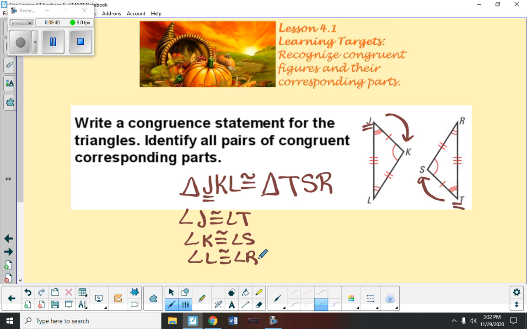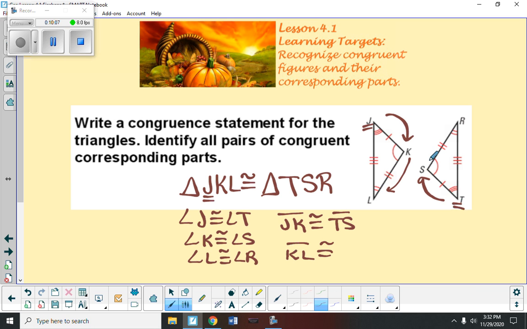If we start with segment JK, I can look at the number of ticks. That's 3 ticks to 1 tick. Then if I look over here, 3 ticks to 1 tick would be T to S. Now we'll just keep going this direction. Segment KL is congruent, and that's 1 mark to 2 marks.